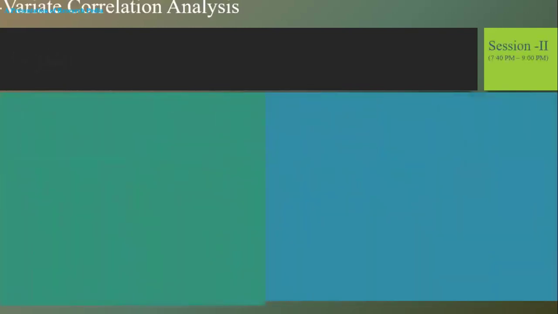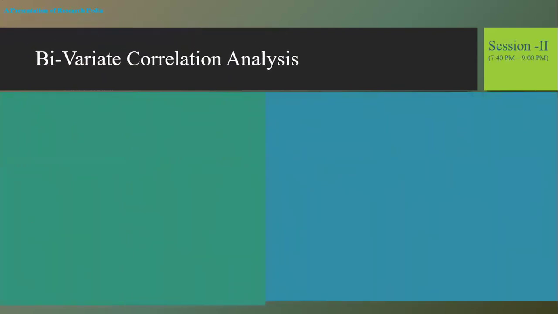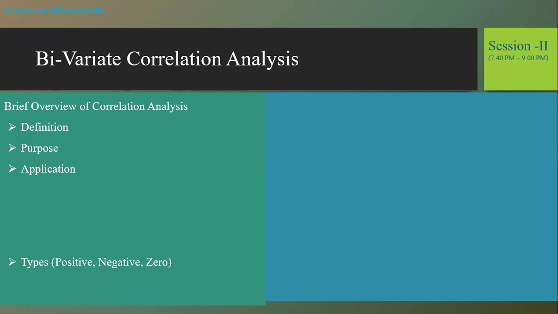So let us start with bivariate correlation analysis, which is part of session 1. In bivariate correlation analysis, we will cover the definition, the purpose, and how we apply it.